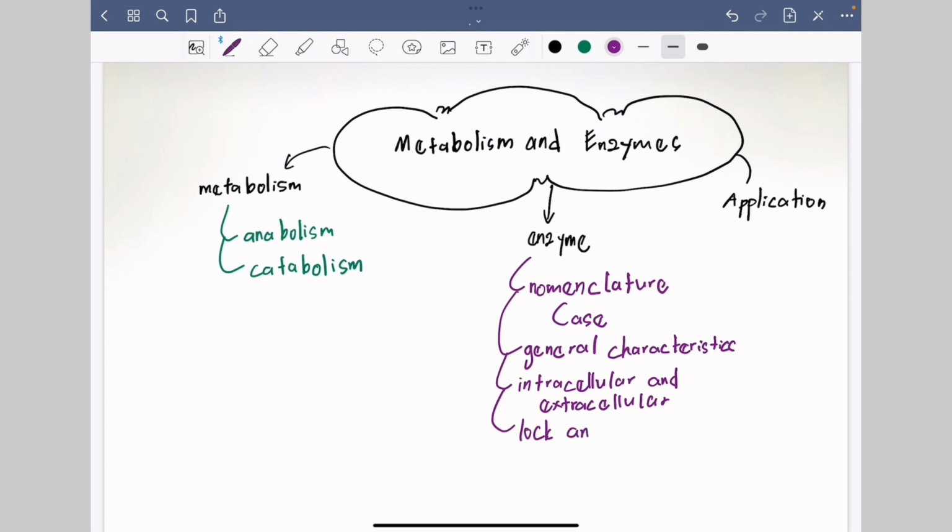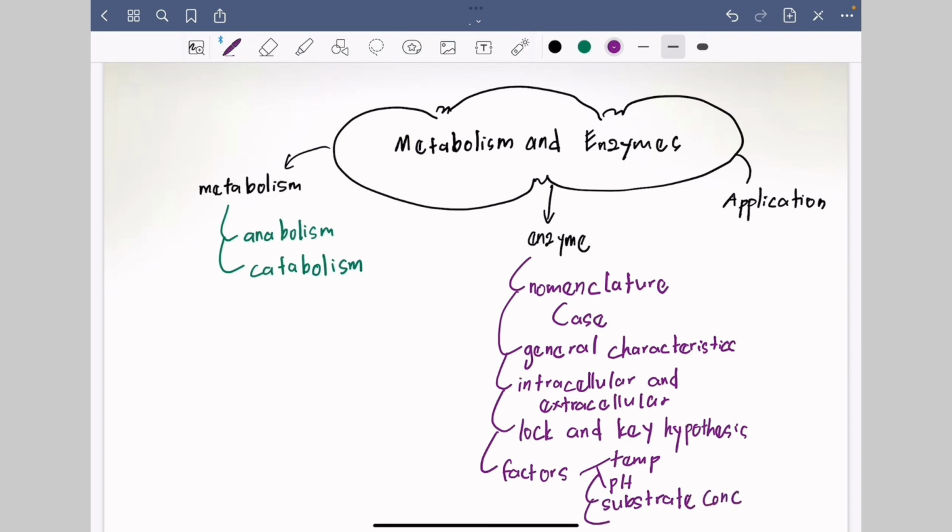Lock and key hypothesis. And factors that affect the enzyme's action, which are temperature, pH, substrate concentration, and the enzyme concentration.